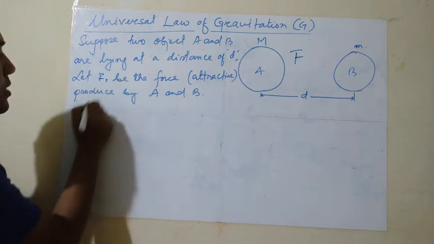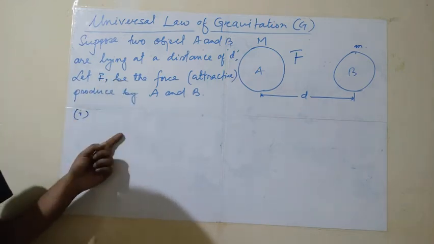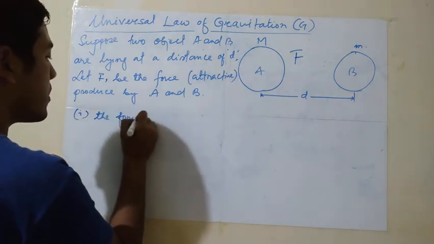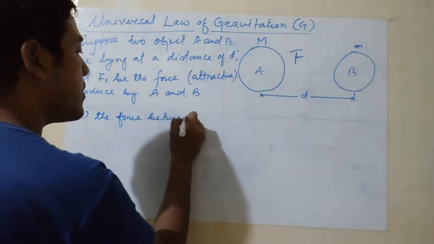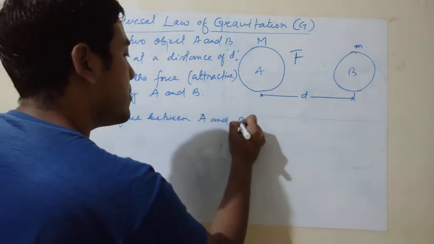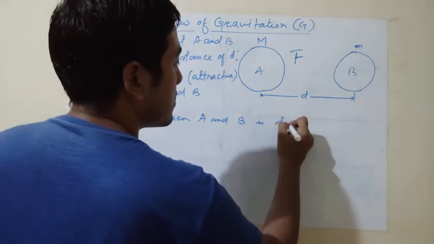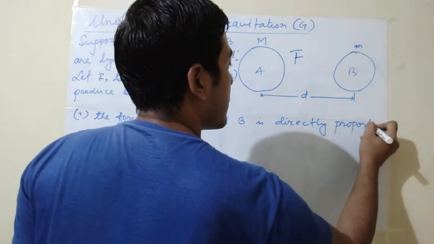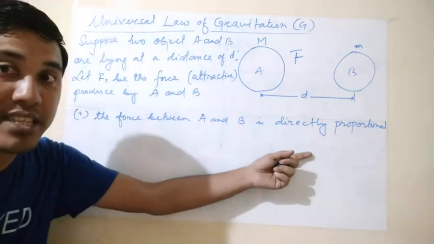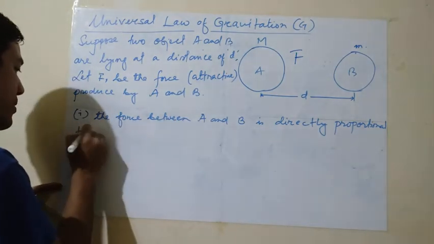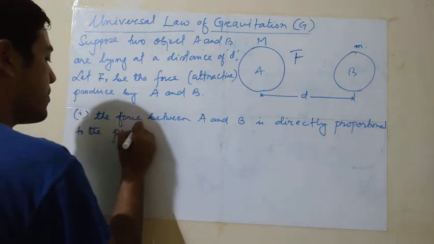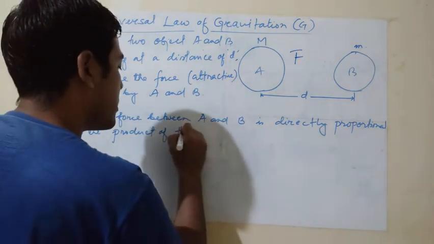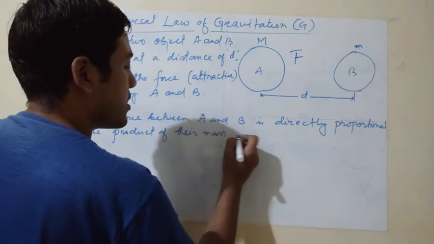The first one, number 1. The force between A and B is directly proportional, according to the statement, right? Directly proportional to the product of their masses. What are their masses?